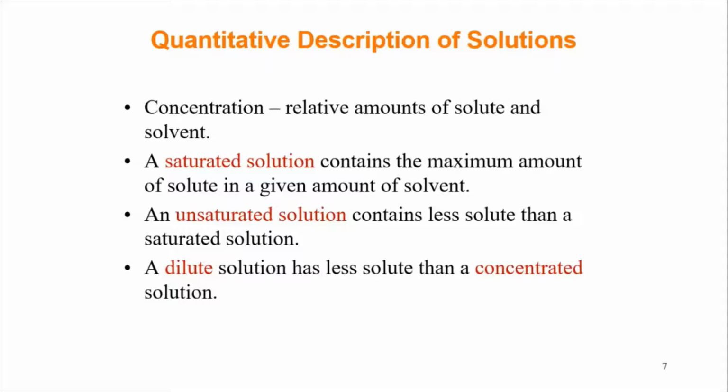An unsaturated solution, as we said, has less solute than a saturated solution. And of course, when we talk about unsaturated solutions, we can talk about a dilute versus a concentrated solution, which is more of a relative terminology, and actually not really quantitative, but qualitative. So less solute is more dilute, more solute would be more concentrated.